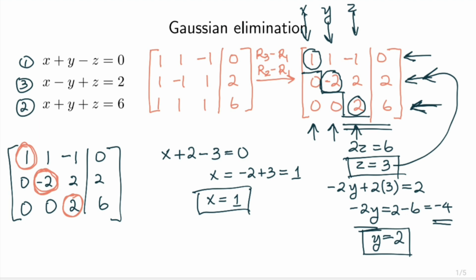Now let's look at another process or another method of reducing matrices, that is Gauss-Jordan elimination. And that one aims to put the matrix in what we call reduced row echelon form.